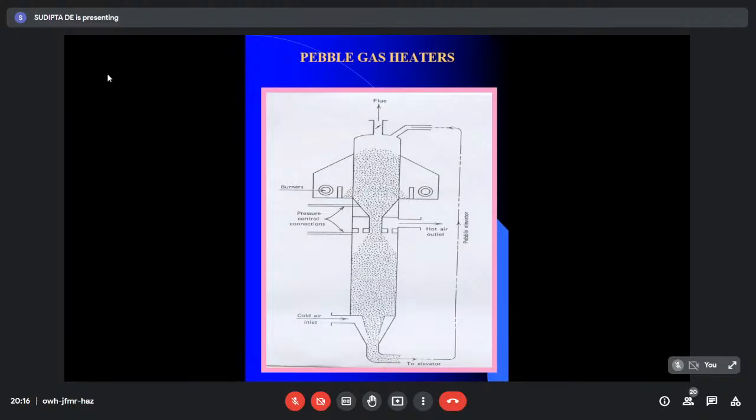These heated pebbles are then transferred to the lower chamber through the connecting passage between the two chambers.